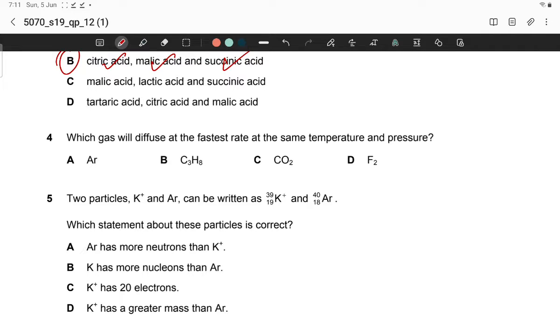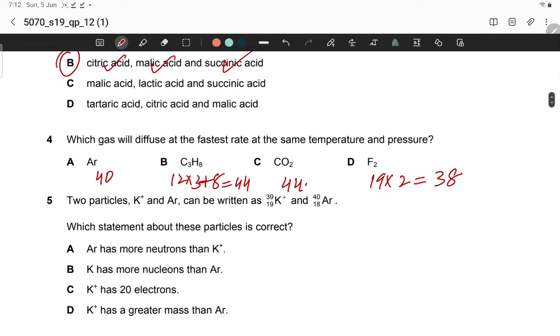Question number 4. Which gas will diffuse at the fastest rate at the same temperature and pressure? The gas with lower Mr diffuses quickly, at a faster rate. Argon is 40, C3H8 is 12 into 3 plus 8, which is 44, carbon dioxide is 44, fluorine is 19 into 2, which is 38.